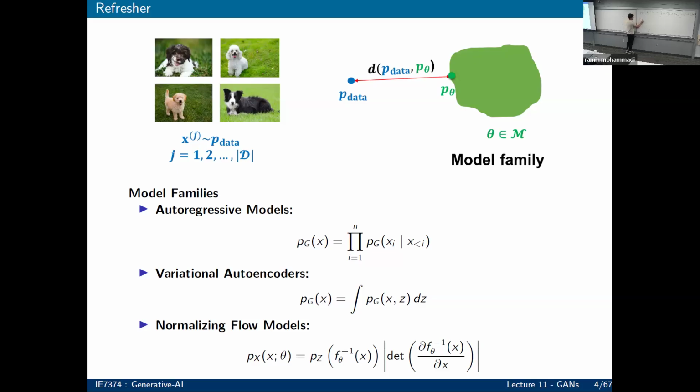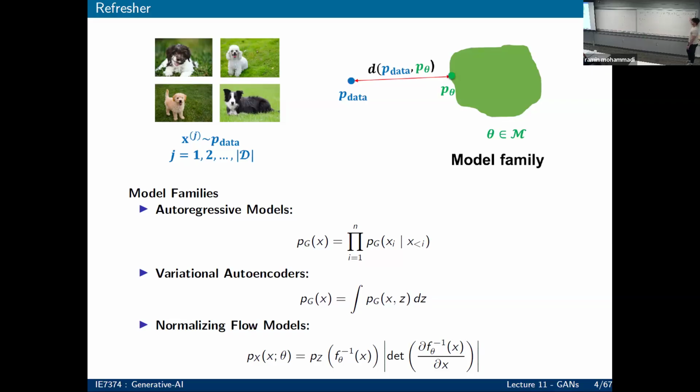We also learned Jensen's inequality: the log of an expectation is always greater than the expectation of the log. So when we move the log inside, this becomes the expectation of the log.